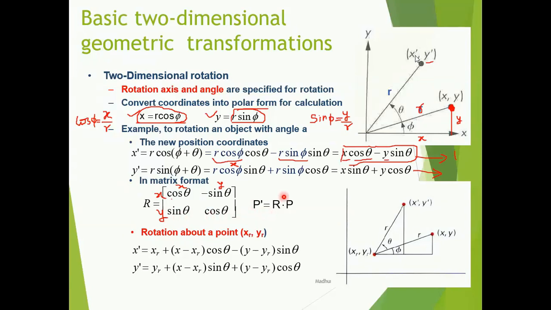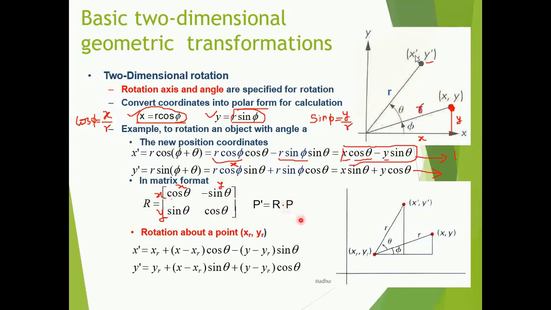And the general equation you can write as p dash is equal to r into p, where p dash is the new position, x dash y dash. You can represent this in matrix format, where r is again a matrix, into p.